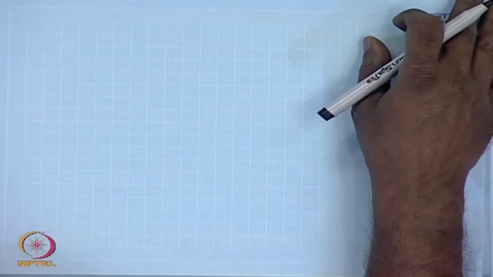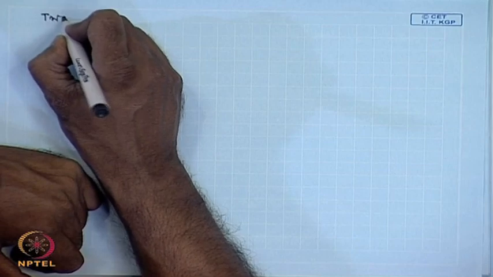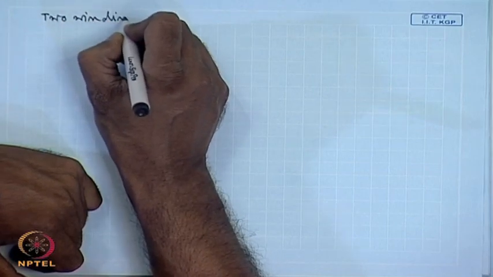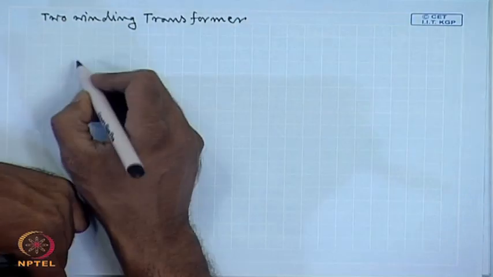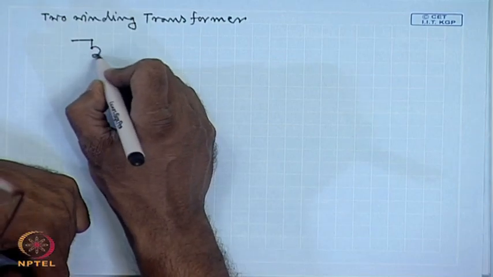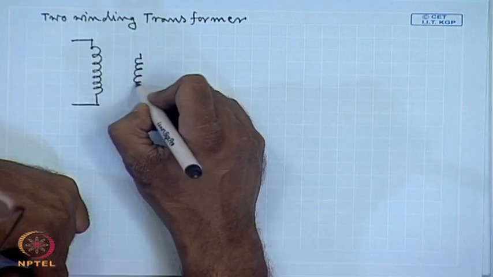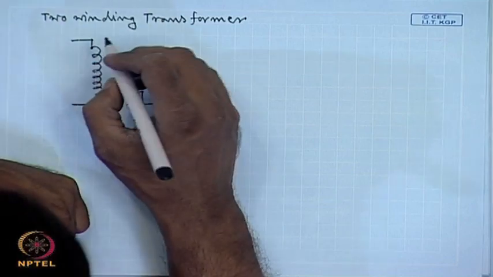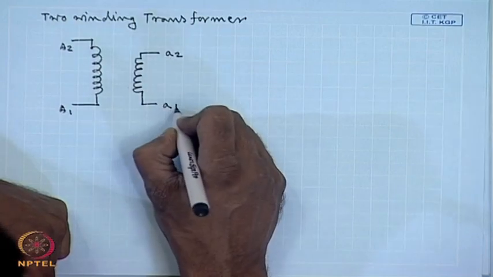Let us look at a few examples of the advantages of this autotransformer. For example, let us compare the losses in both cases. For the two winding transformer, let us say this is the two winding transformer, A2, A1, A2, A1.